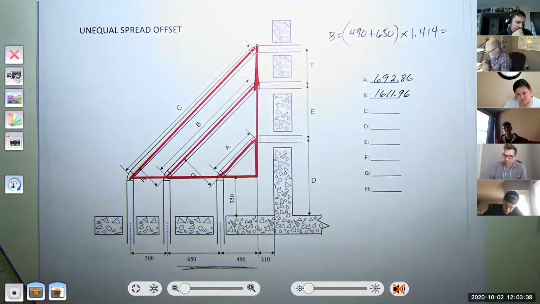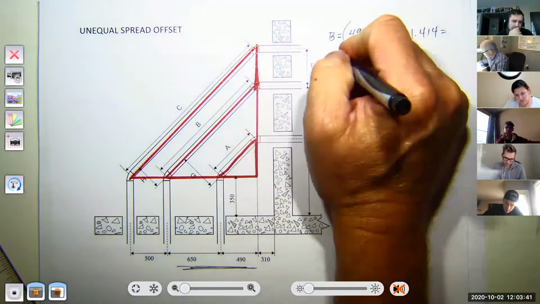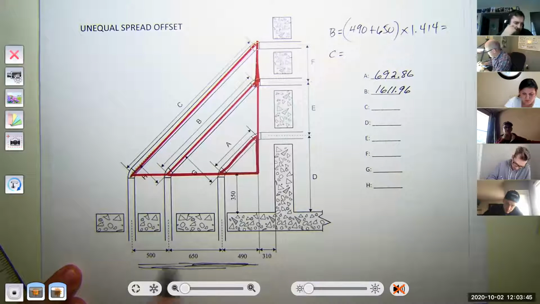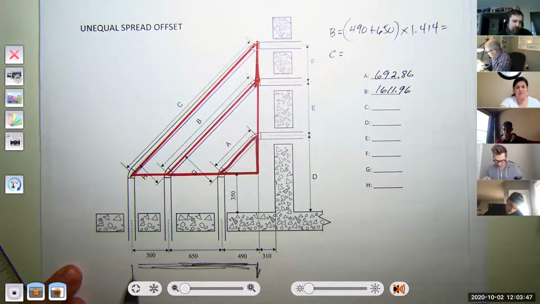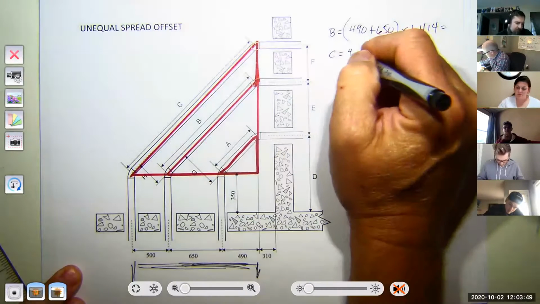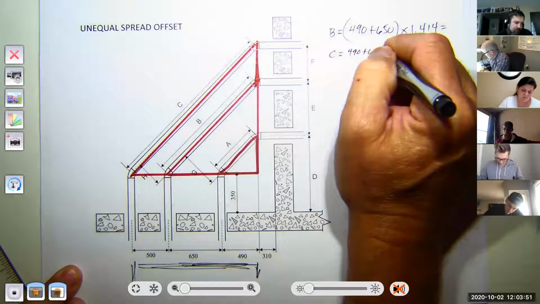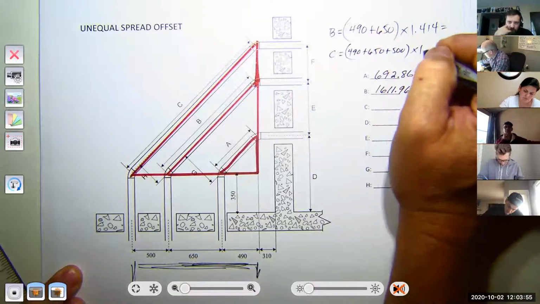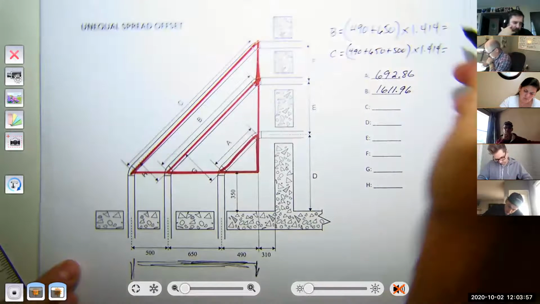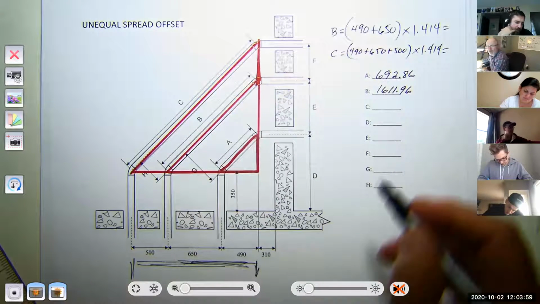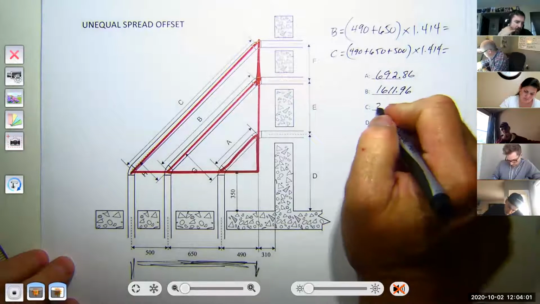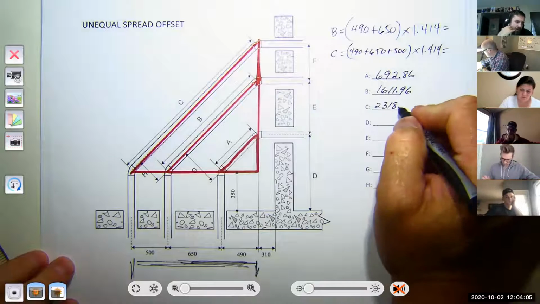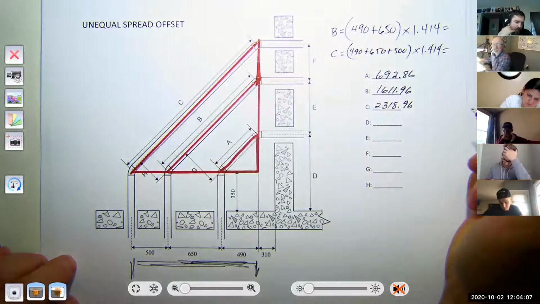There's C. And C is equal to the run on the bottom from here to here, which is now 490 plus 650 plus 500, in brackets, times 1.414. So C is equal to 2,318.96.